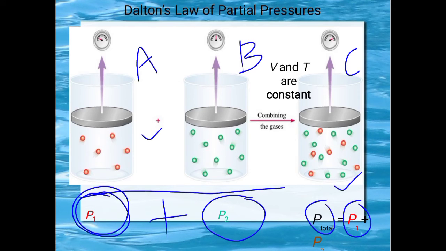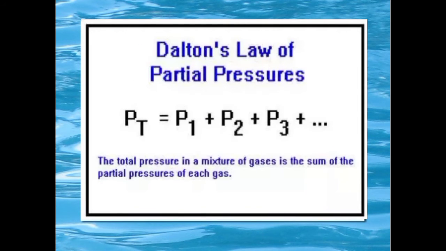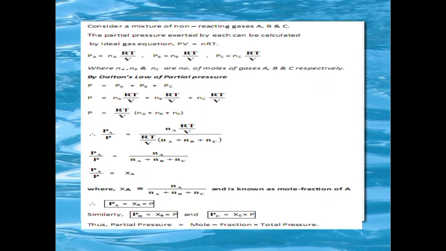Each gas exerts some pressure, so this pressure is known as partial pressure. So the total pressure in a container will be the sum of the partial pressures of each gas. The total pressure in a mixture of gases is the sum of the partial pressures of each gas.